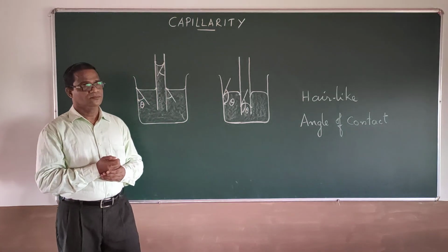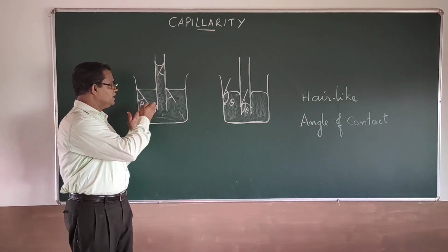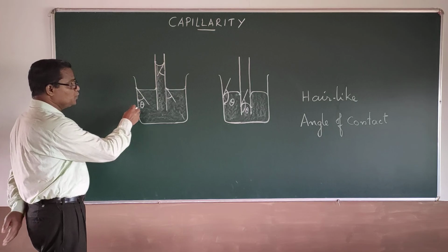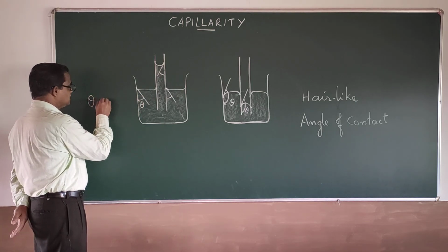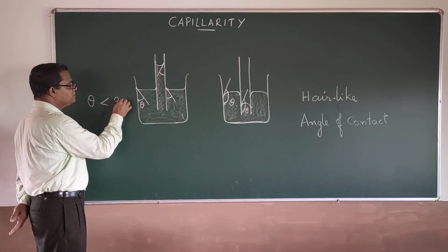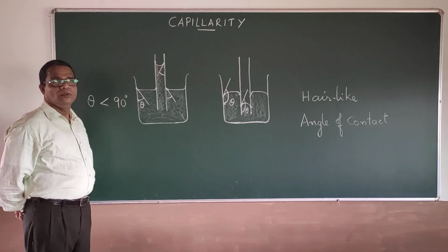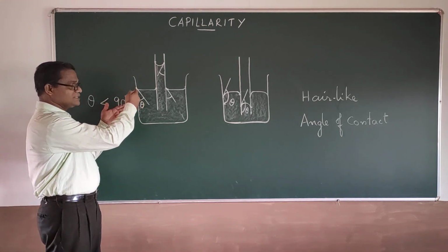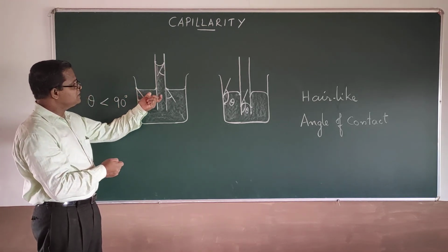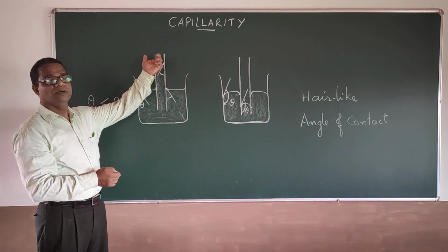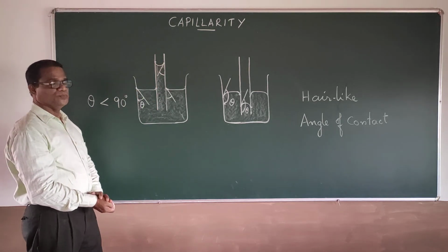Another thing, here we can see the angle of contact is an acute angle, that is, angle theta is less than 90 degrees. And when the angle of contact is less than 90 degrees, we can see that the liquid is going up through the tube.